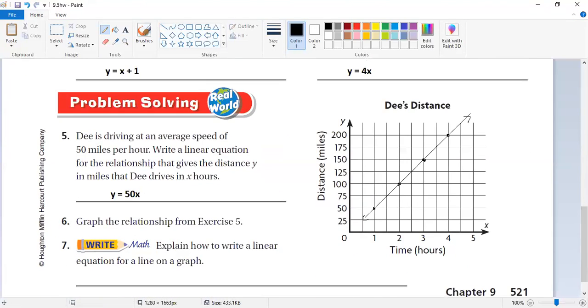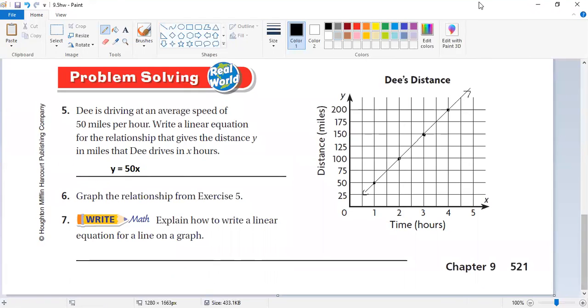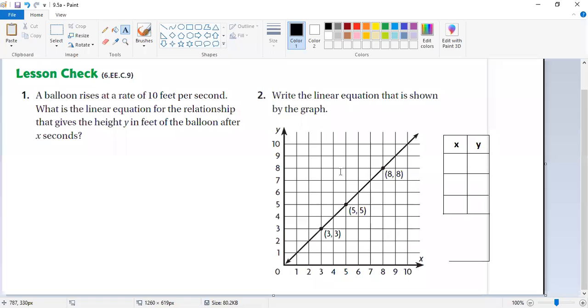Okay, and 6. Question number 5, we wrote the formula. Question number 6 is going to be this graph. Okay, so quickly let's move on to the next page. That's question number 1 and 2 on the next page. So let me open it first. Okay, so this is question number 1.